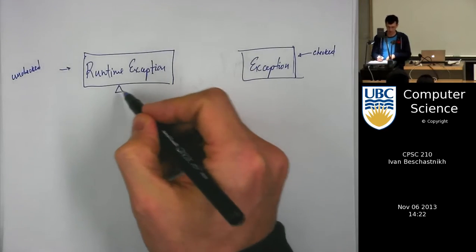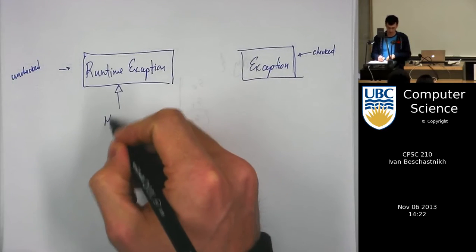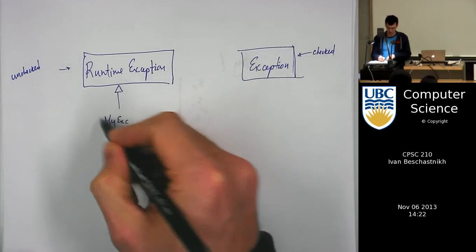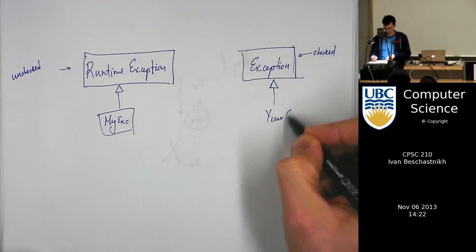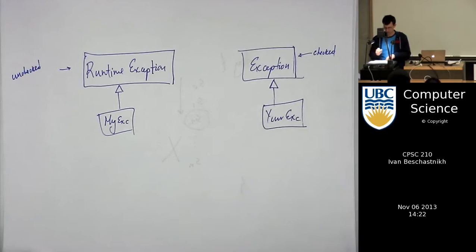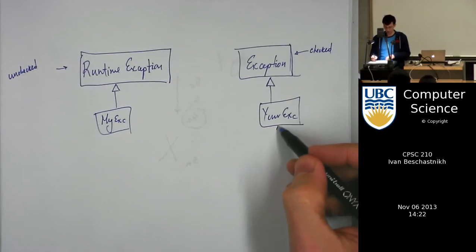When we create new exceptions, we essentially subclass these things. So you can create a MyException down below here, or a YourException down below here. And of course, exceptions are just classes, so we can extend them further.